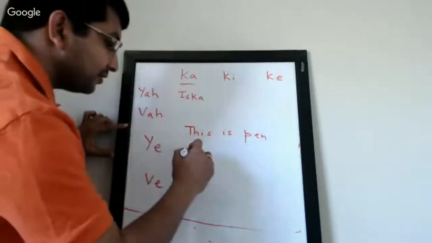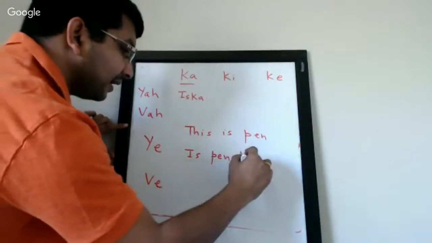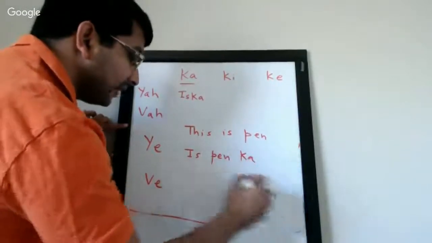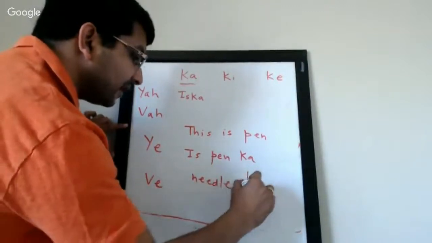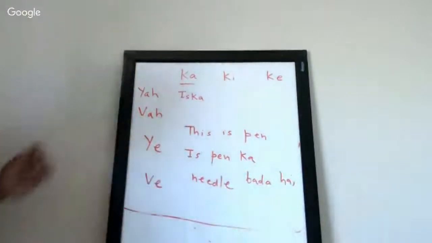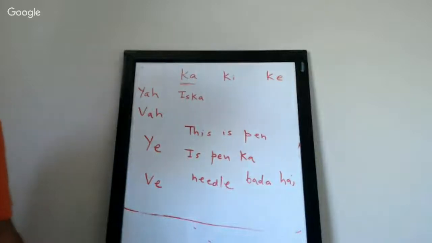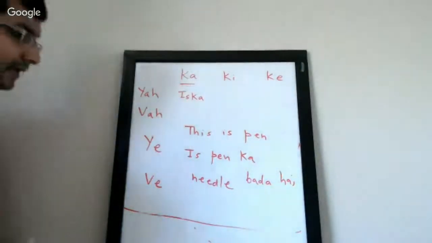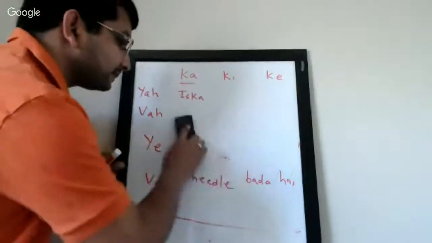So you can say इस pen का needle बड़ा है, or something like that. Some property of that pen, right? Because that's when you will use ka, in a relationship, right? Like mera bhai. I hope this is clear.